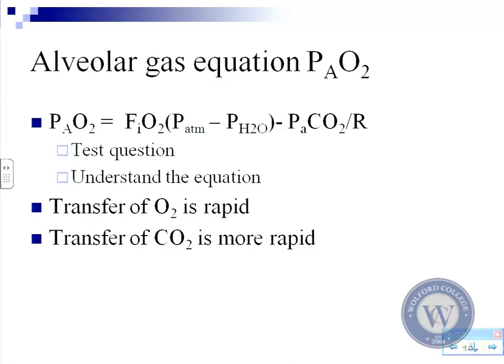Okay? Now, if anybody ever gives you a test question where they don't give you the atmospheric pressure, water vapor pressure, sometimes they won't give you the water vapor pressure, they'll tell you that water vapor pressure is normal, which is in that case 47. But if they don't give you the atmospheric pressure and they don't give you the FiO2, and then they tell you, figure out the A gradient, the answer is insufficient information.